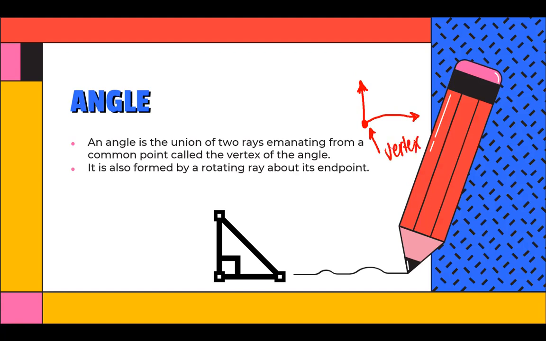Next, an angle is also formed by a rotating ray about its endpoint. So if we rotate a ray, let's say this is a ray and this is to be rotated, then an angle is also formed.